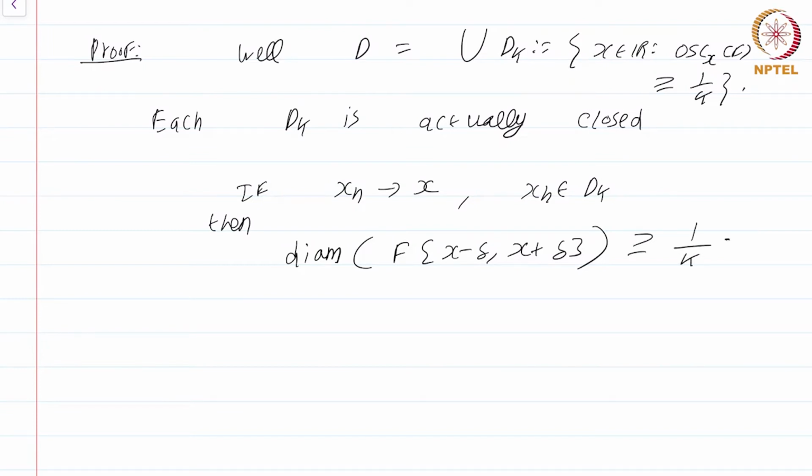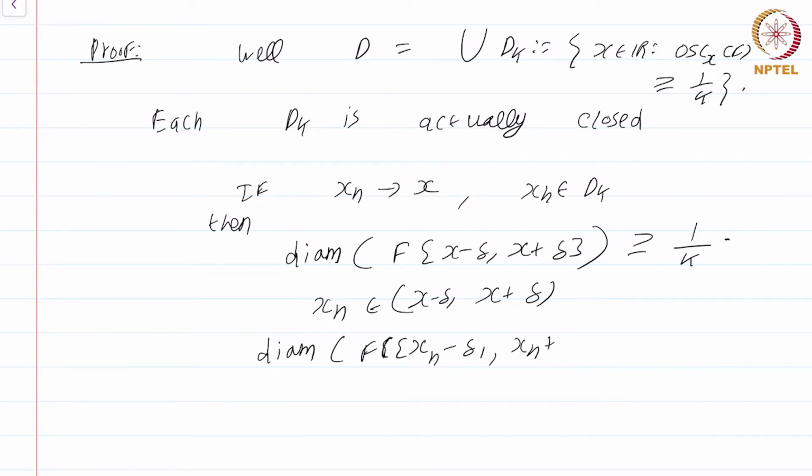Why is that? Because some x_n is an element of this open interval (x minus delta, x plus delta). Some x_n is a member. Then choose delta 1 such that the closed interval (x_n minus delta 1, x_n plus delta 1) is fully contained in (x minus delta, x plus delta).